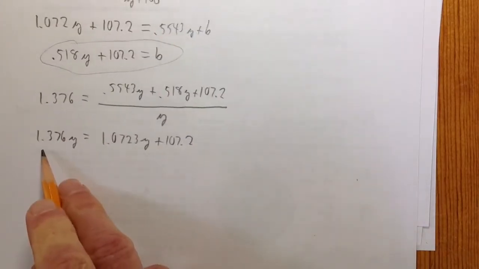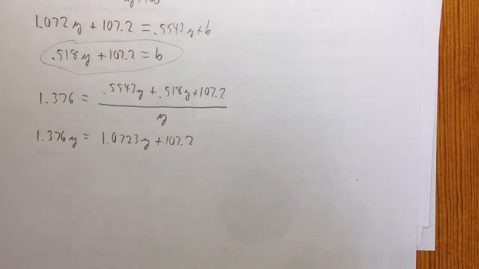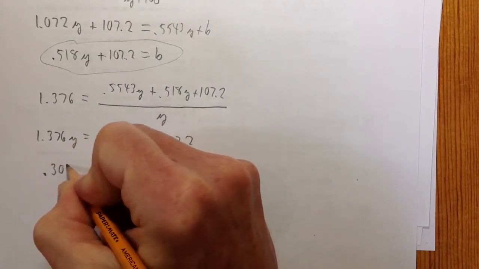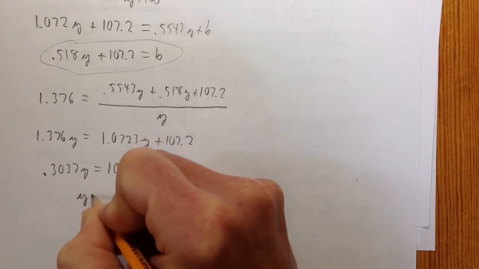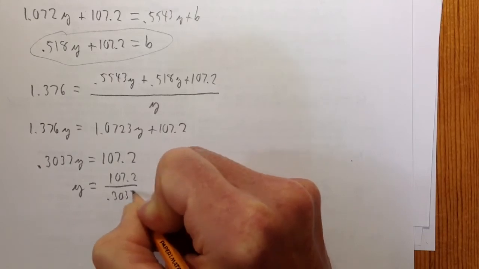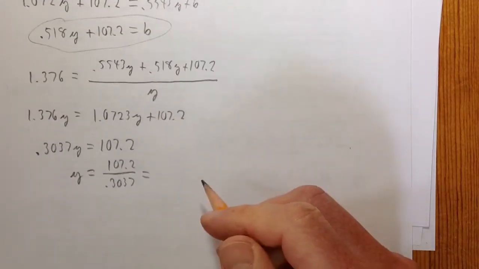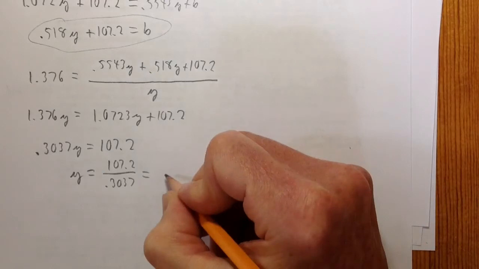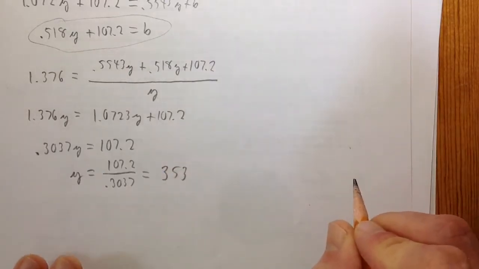Let's put all the y's over here. 1.376 minus 1.0723 gives 0.3037y is equal to 107.2. So y is 107.2 divided by 0.3037, which I get as 353. Let's call it 353. So y is 353.